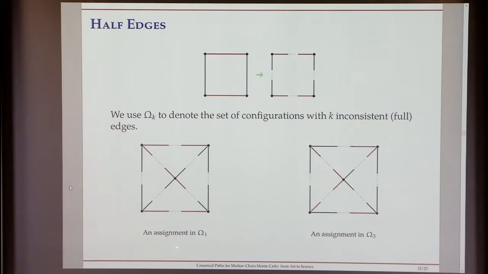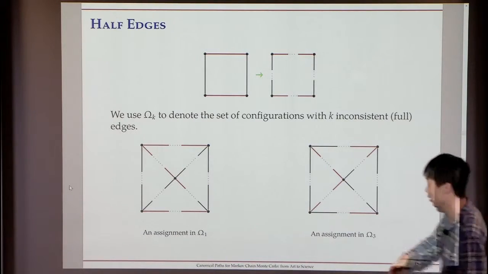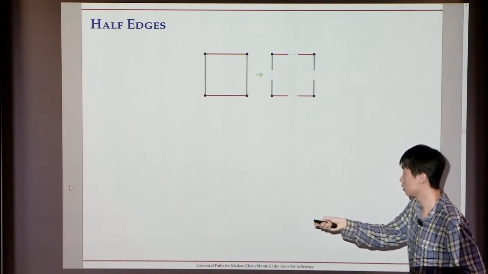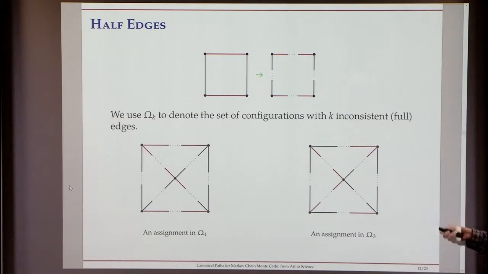So this is a configuration in omega 1, since we only have this one edge which has inconsistent color. And this is a configuration in omega 3, since we have three edges which have inconsistent color. So is this clear?